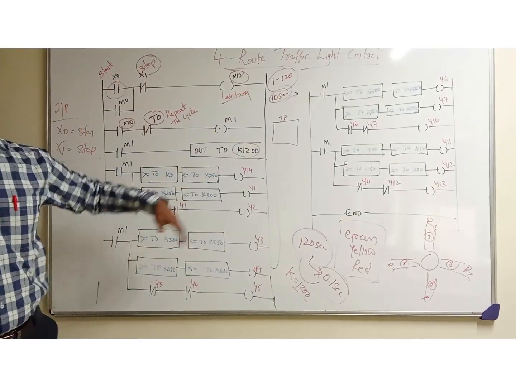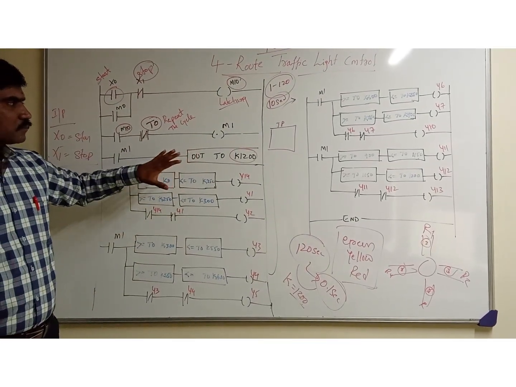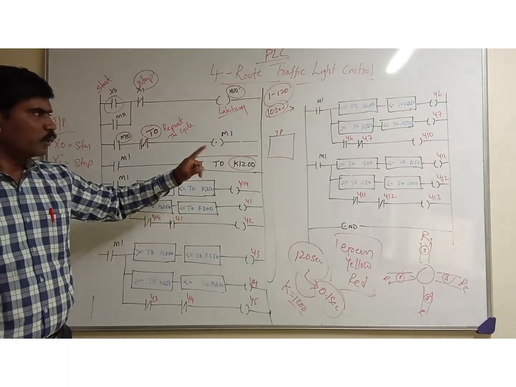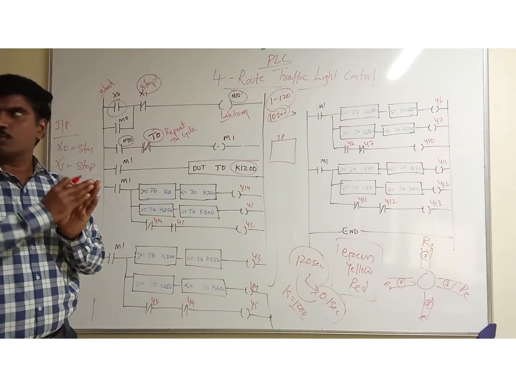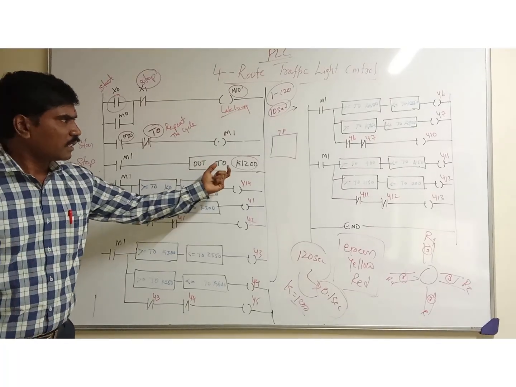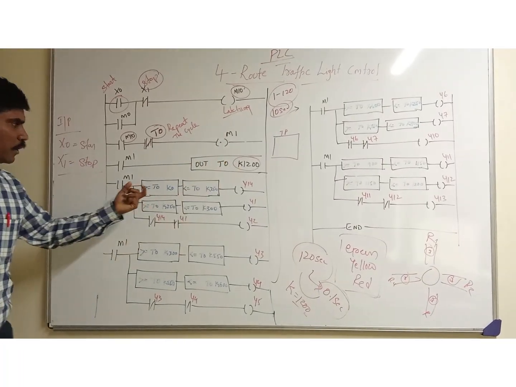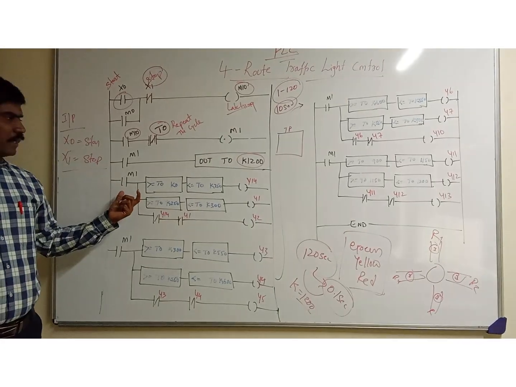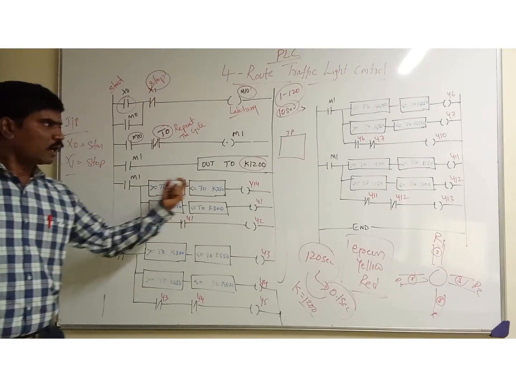That's one way of solving this. But I used only one timer that counts from 1 second to 120 seconds, and in between I compare that value using arithmetic operations. These arithmetic operations give our outputs.